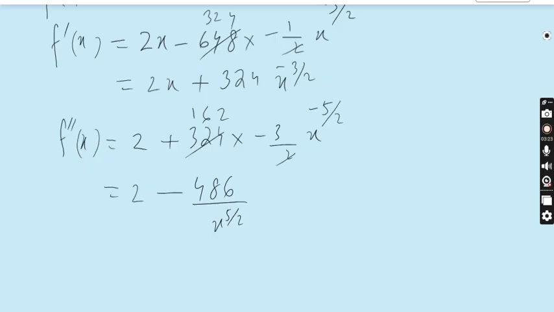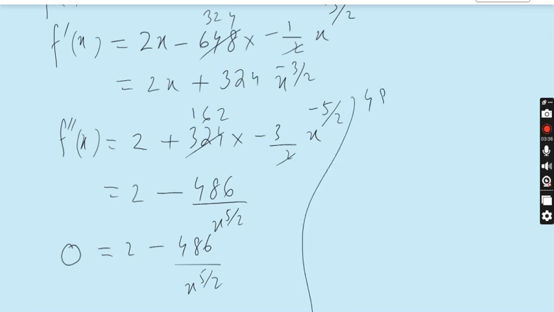According to the question, the double derivative of f(x) is 0. So 2 minus 486 upon x power 5 upon 2 equals 0. Write 486 upon x power 5 upon 2 on the other side. It will be positive.